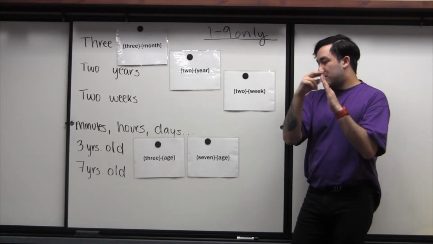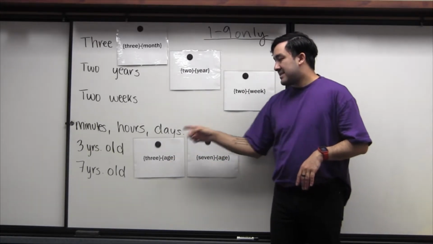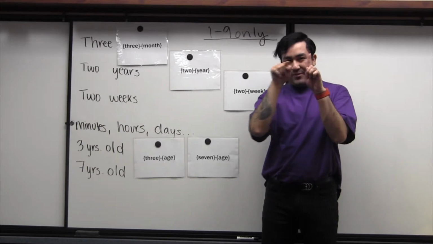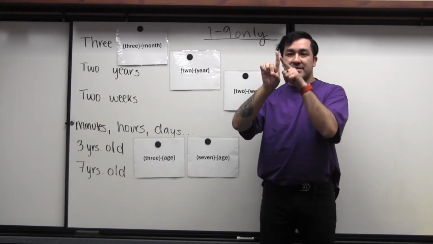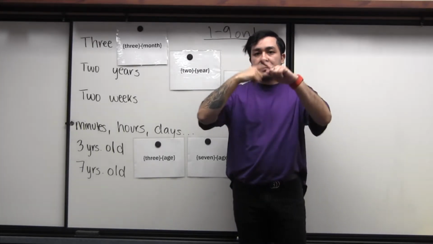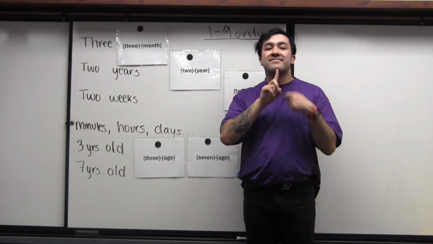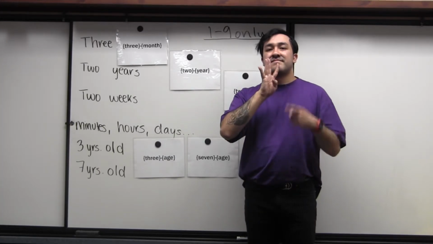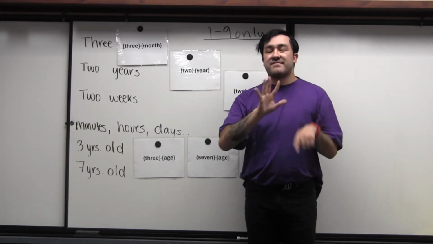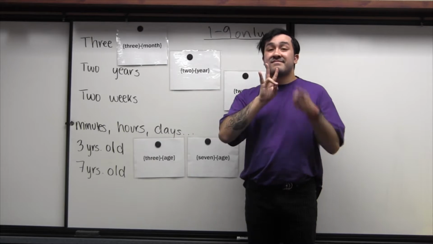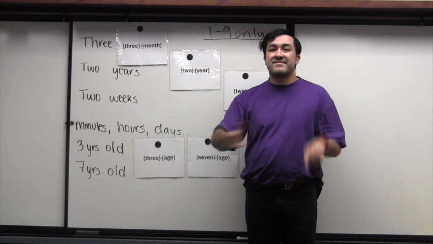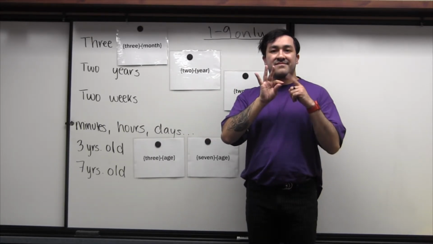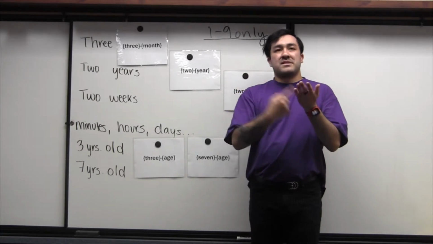But there's really one more rule when we're talking about ages. It's actually limited to 8. And the reason for that has to do with our index finger. So just watch how whenever I sign this, we have 2, we have 3, and you're noticing that it's always my index finger that's touching my chin, right? 6, 7, 8, and when we get to 9, well, my index finger can't touch my chin anymore.